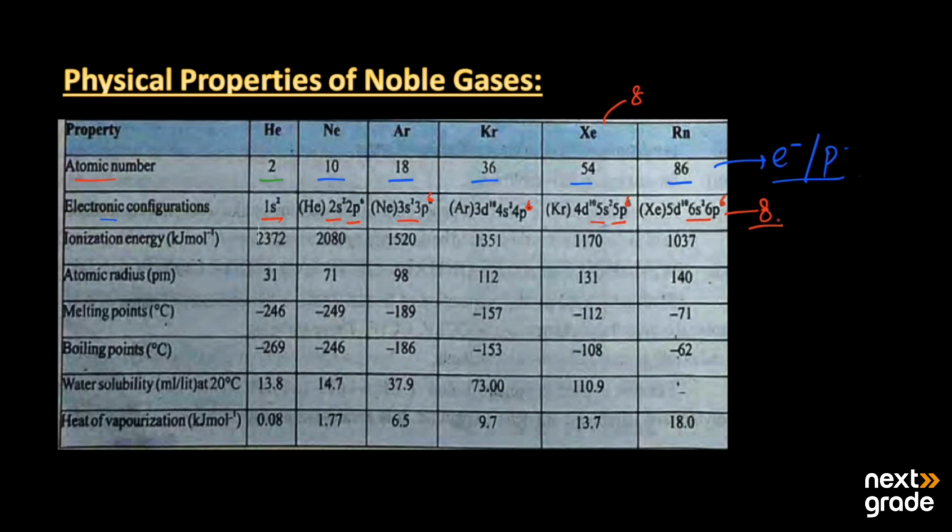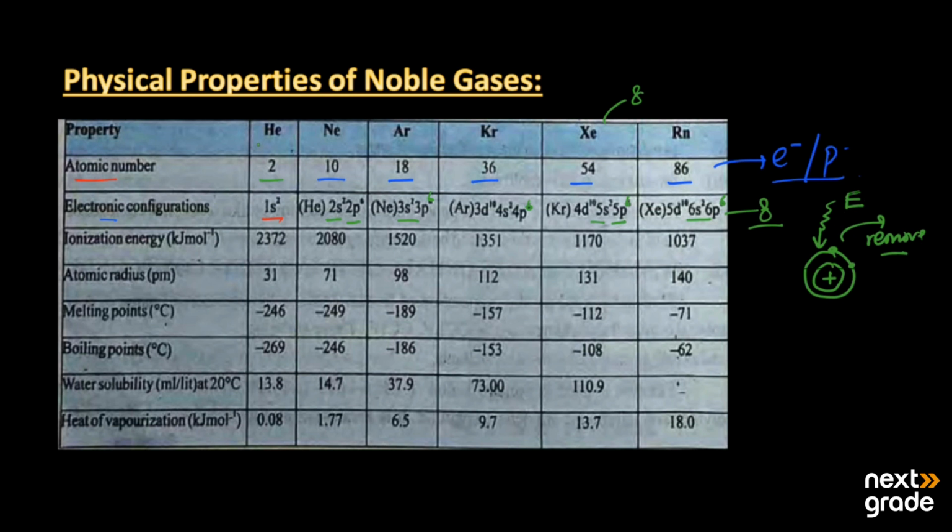Then we talk about their ionization energy. We want to remove an electron from the valence shell. For example, here we have an atom and we just want to remove the electron that is present in its valence shell. To remove this electron, we have to provide some energy to this atom. So the amount of energy that is absorbed in this process is called the ionization energy.